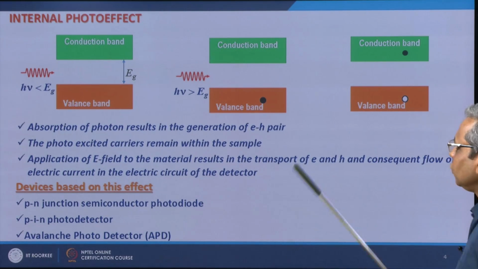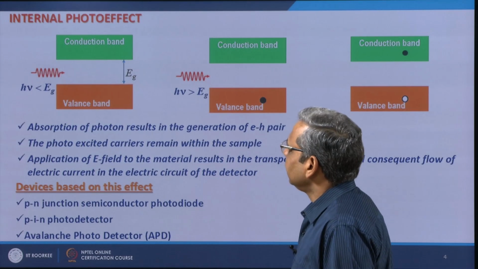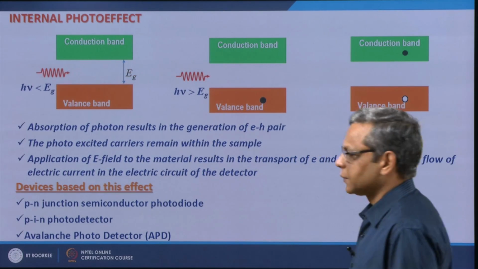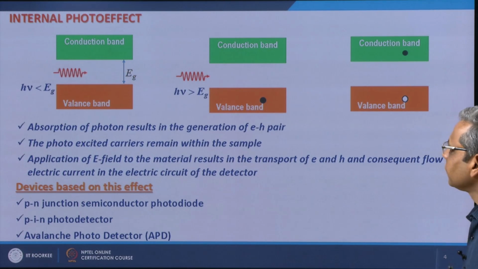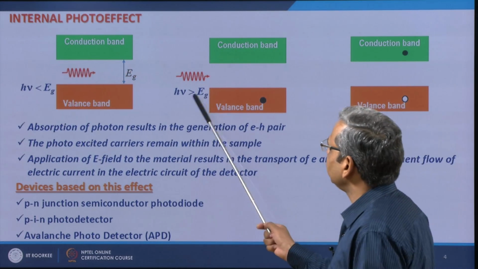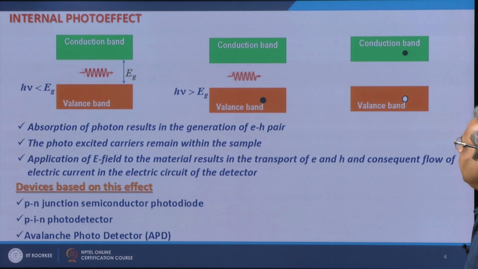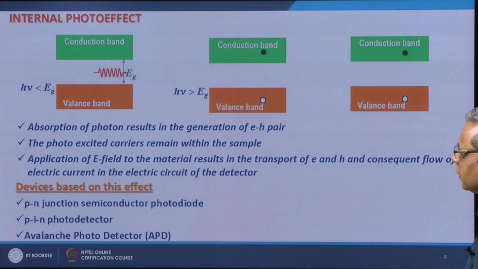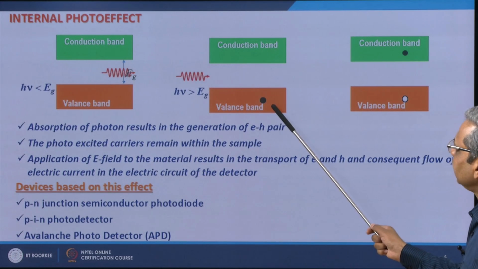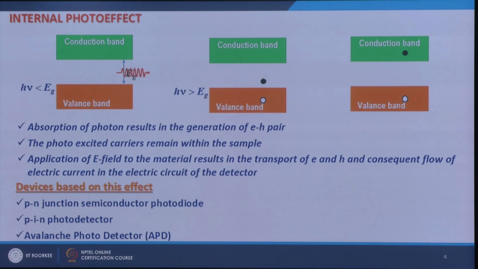So, if h nu is smaller than E g, then this photon will go through as it is, it will not be absorbed. However, if h nu is larger than E g, then this photon will result in the generation of an electron hole pair. The electron in the valence band will get this energy and will go to the conduction band.